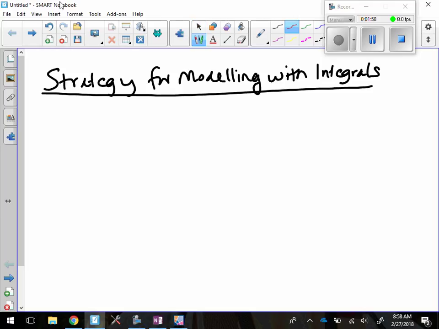So the first step in this whole process is really trying to find our function. Which is sometimes easy and sometimes hard. I think this step is really about trying to make sure that you know what you're calculating and what you are modeling.